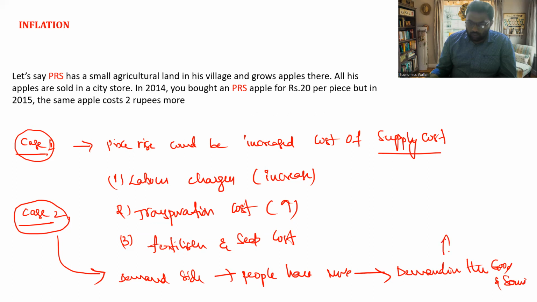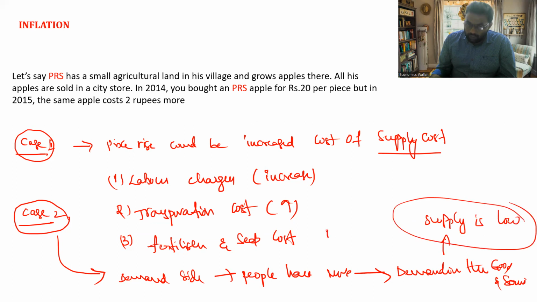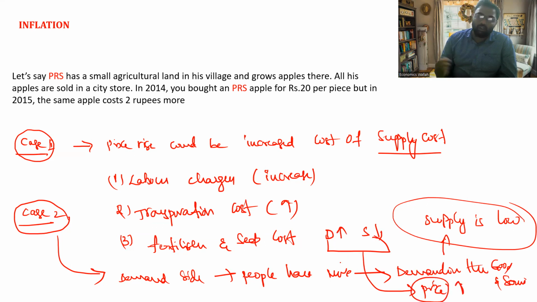To meet these demands, there is not sufficient supply. Supply is low. So obviously there is a mismatch: demand is high and supply is low. The consequence would be a price rise. Obviously, the price will rise for goods and services.